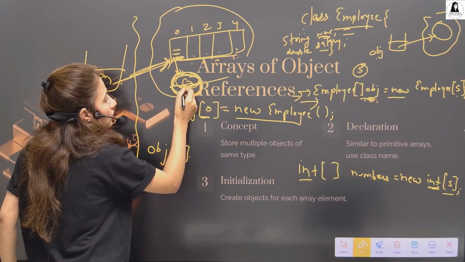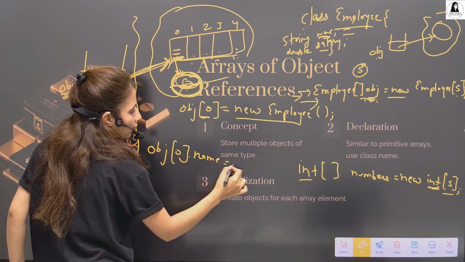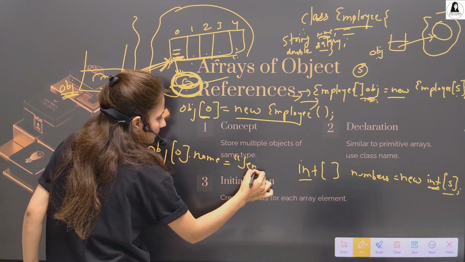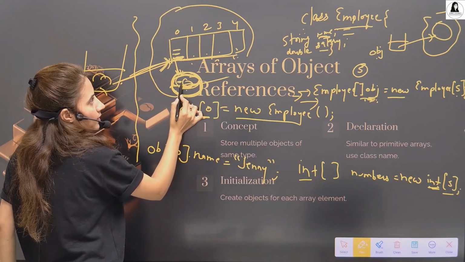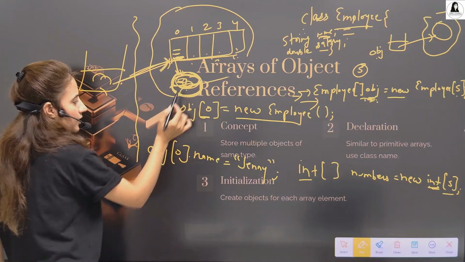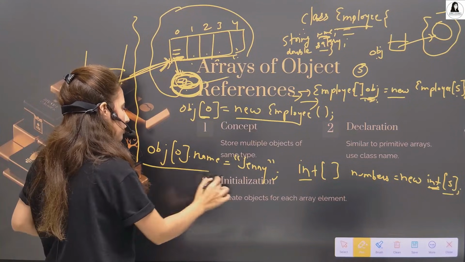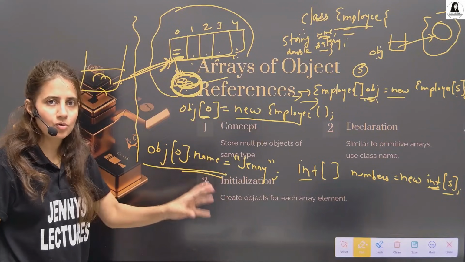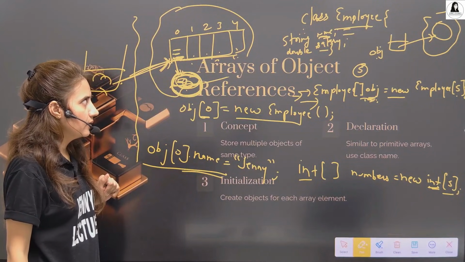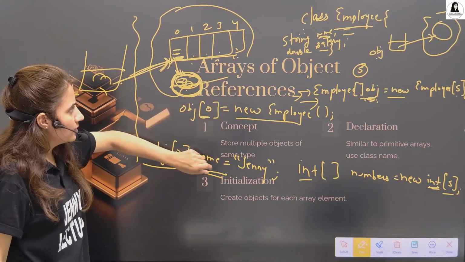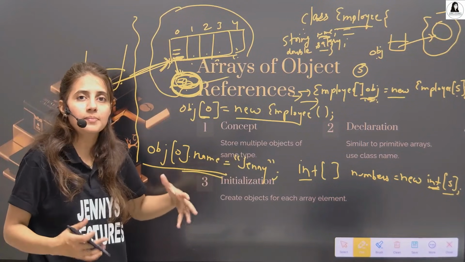Now whatever you want to access, like name, you can assign some value like Jenny. So in this memory, the name variable is there, and Jenny would be stored there. And to access it, in System.out.println you will write this thing only, right?